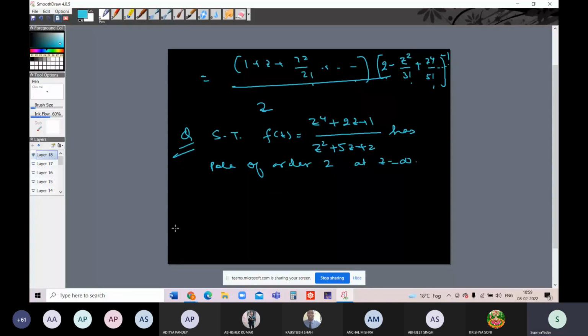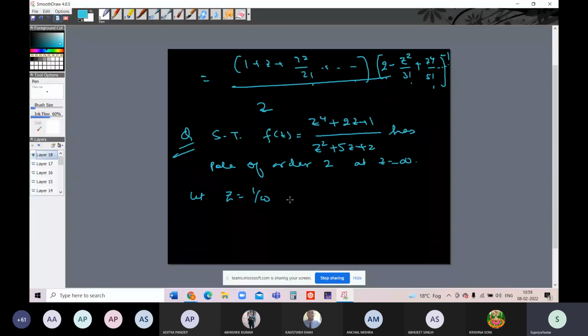As you know, whenever we have to discuss the limit or the singularity at z is equal to infinity, we can use a transformation. So here we are using the transformation z is equal to 1 by omega. And we know that the behavior of the function at z is equal to infinity will be the same if we substitute 1 by omega in place of z, and we discuss the singularity of that function at the point omega is equal to 0.